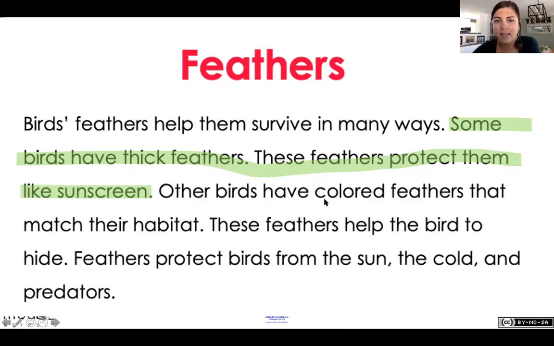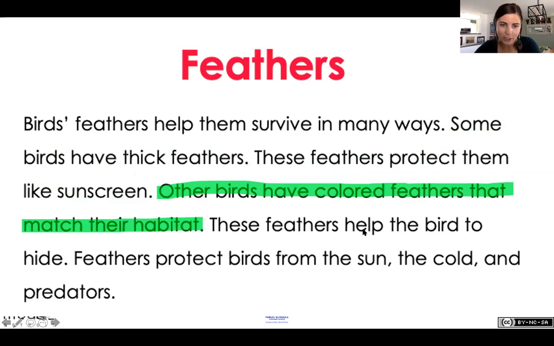So now we have our topic sentence. We identified that, our first sentence. We identified the two detail sentences. So what comes next? Two more detail sentences. It's not the same color green. I did use a different color green. It's a little bit darker. So take a look. Other birds have colored feathers that match their habitat. So other birds have what? Colored feathers.